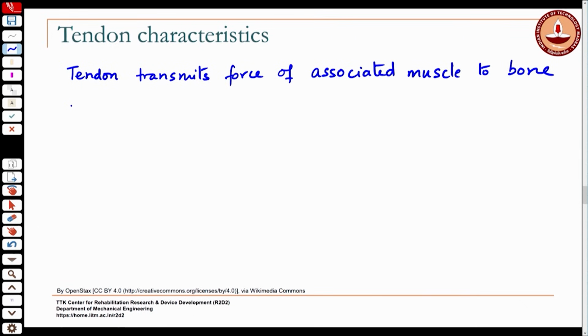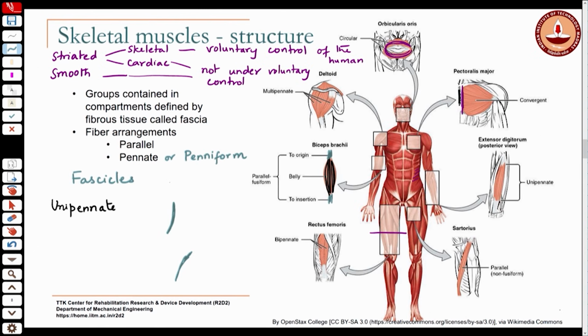So, tendons are viscoelastic structures, which means they exhibit both viscous and elastic behavior. And they are linear in their stress strain relationship.